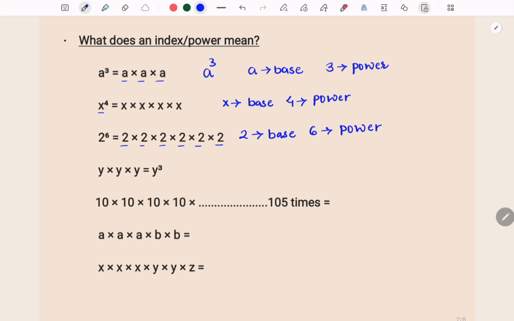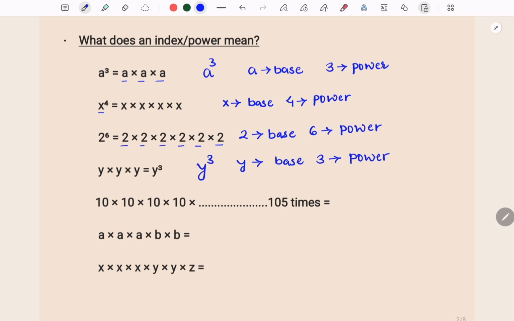In the next example, we have y multiplied by y multiplied by y. So y is being multiplied by itself 3 times, hence y raised to the power 3 or y cubed. Here y is the base and 3 will be the power.